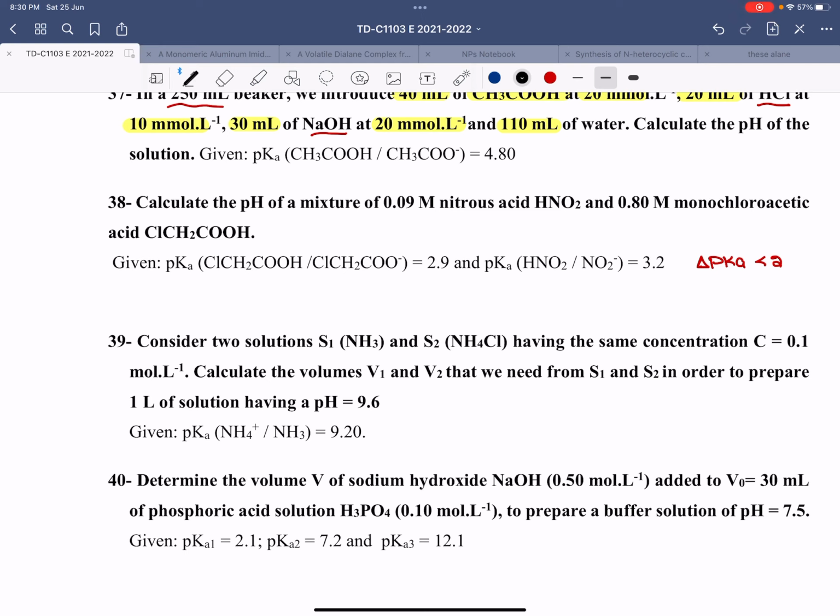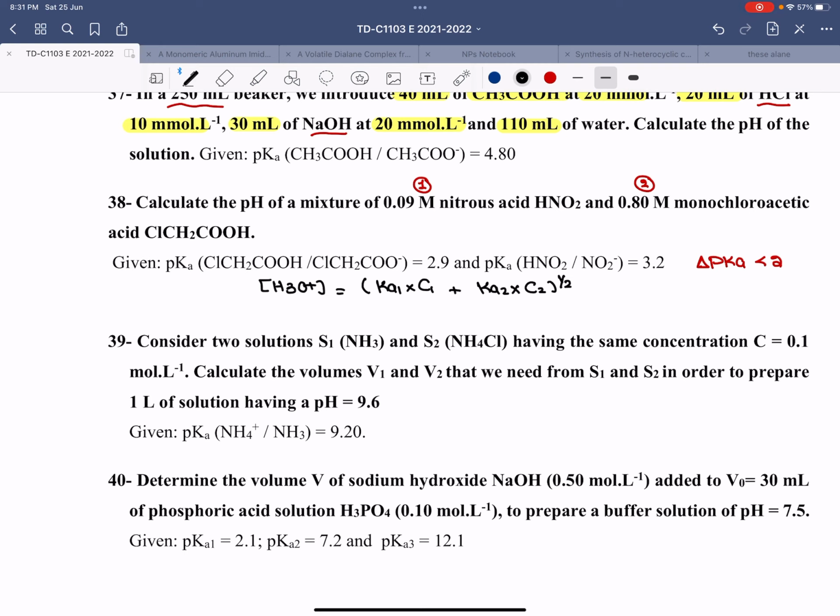When you cannot neglect one of the acids, find the H3O plus coming from both acids. Here it's not a simple summation. Let's say this is the first and this is the second. H3O plus equals the square root of Ka1 times C1 plus Ka2 times C2, the radical to the power half.